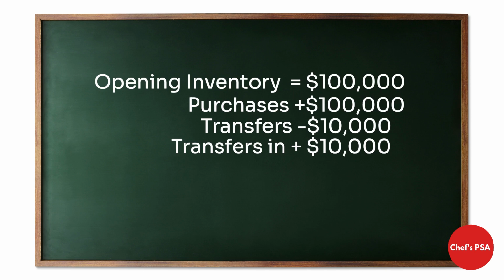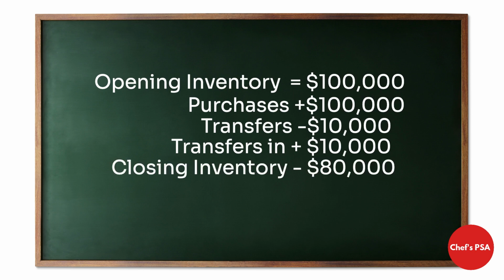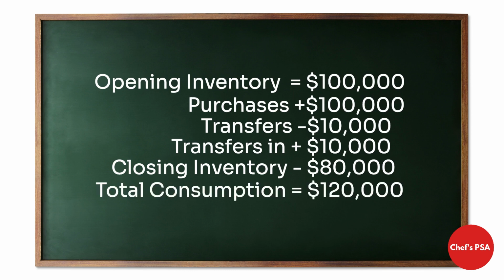So now you're back to $200,000. Your closing inventory was $80,000. So if you have $200,000 right now, and you take away $80,000, what you're left with is $120,000. That $120,000 is your total consumption. That is basically everything that you consumed dollar-wise in the month. Now, if you're not following me here, I'll explain it another way.